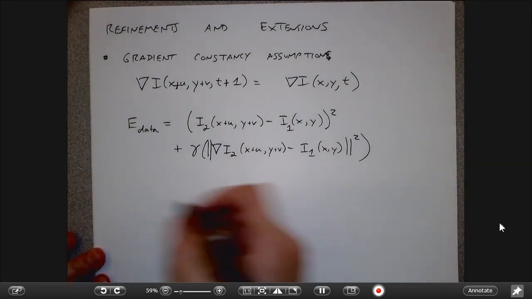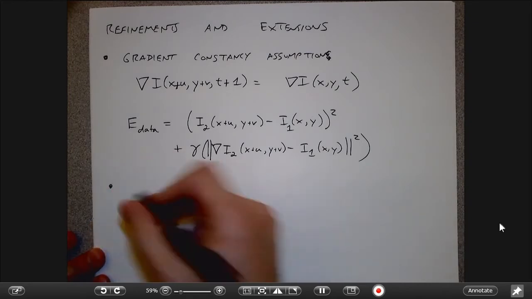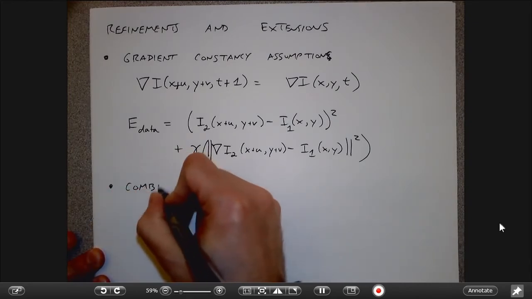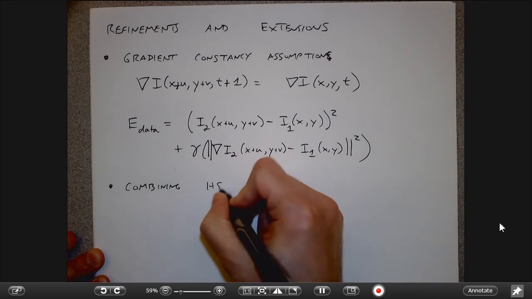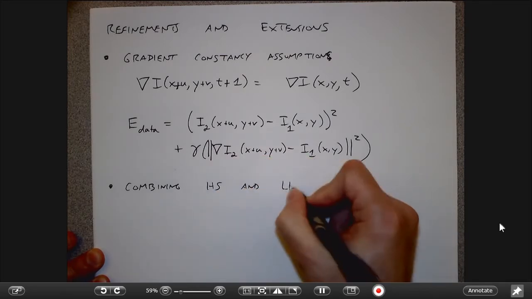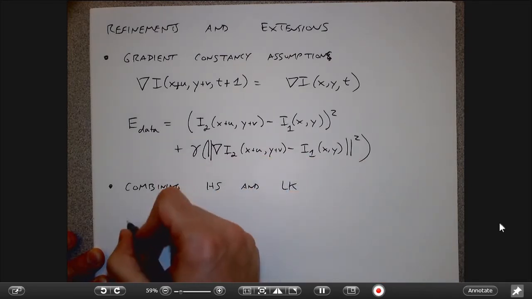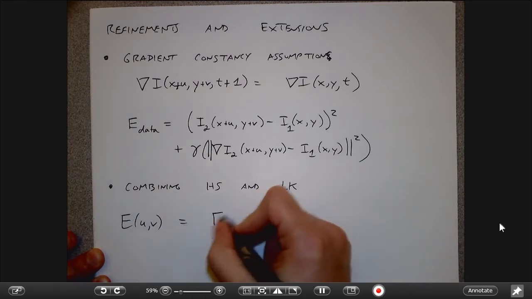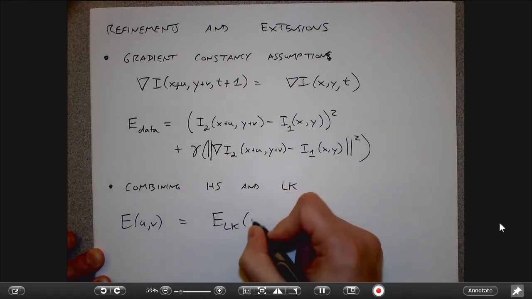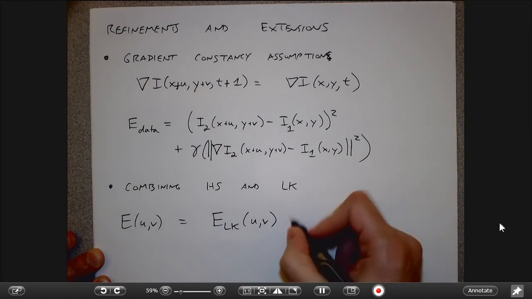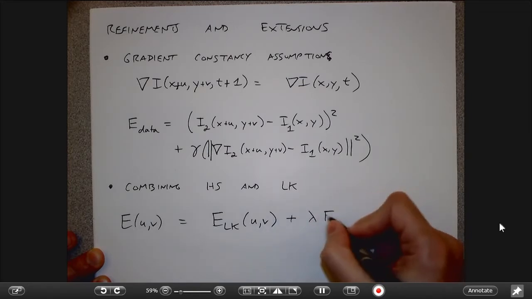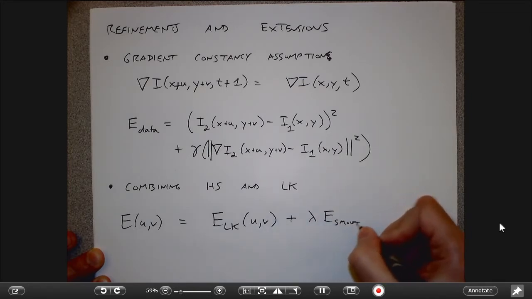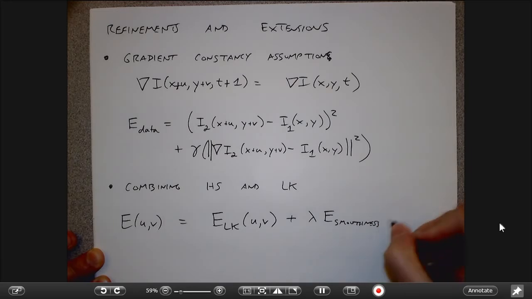Or, you can do a combination of Horn-Schunck and Lucas-Kanade, right? So what I could do is say that my cost function term is something like, I use the local Lucas-Kanade term for the data part, and then I have the Horn-Schunck term for smoothness.